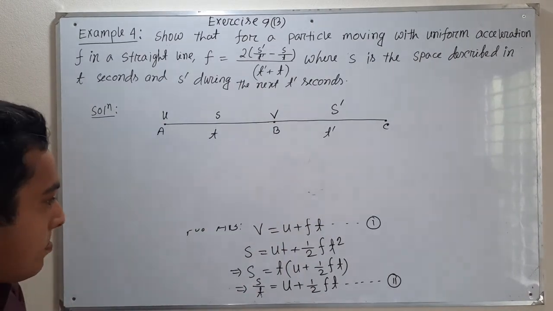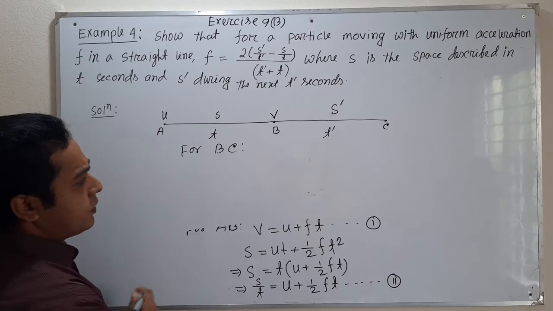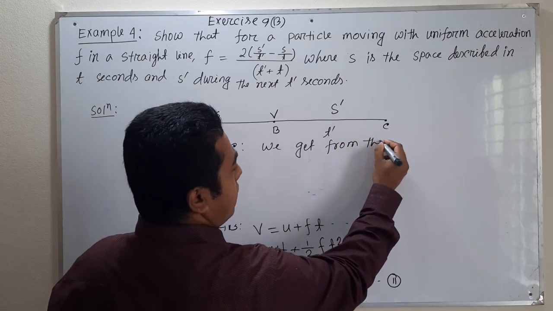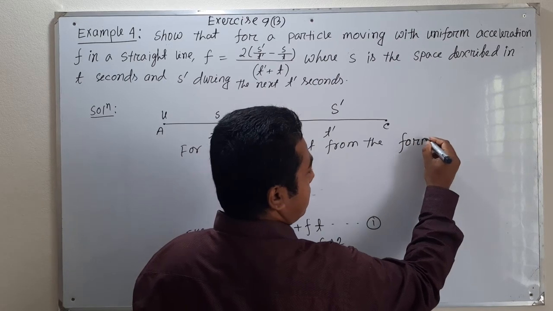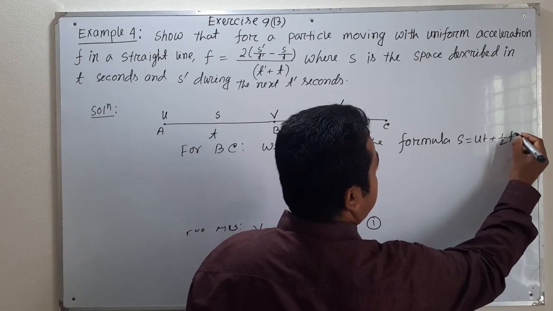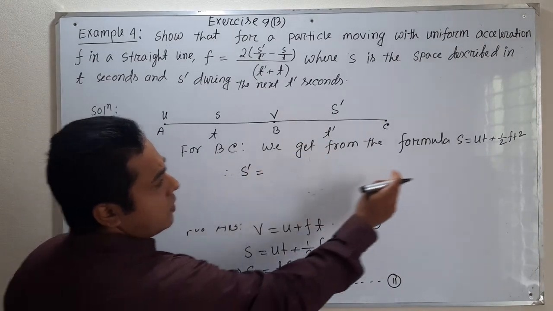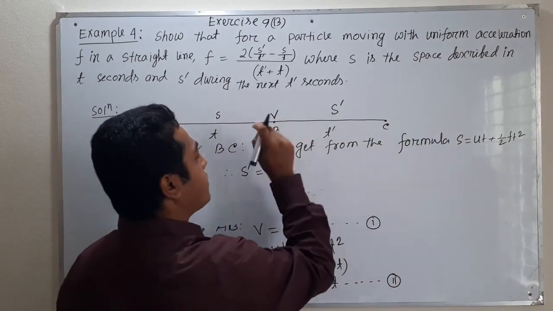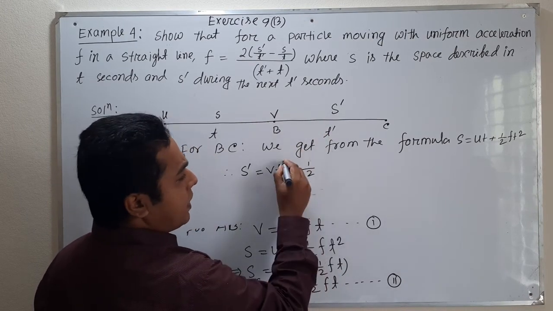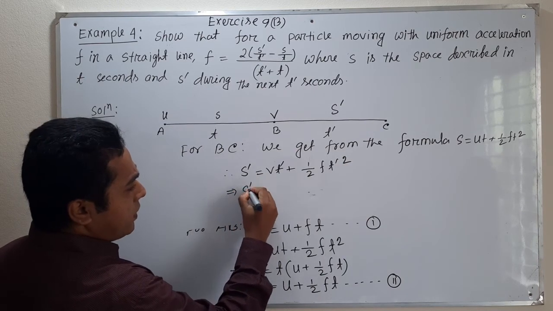From the formula s is equal to ut plus half of ft square, here s is equal to s prime, and u, that means the initial velocity for BC, is equal to v. So s prime is equal to v t prime plus half of f t prime square.